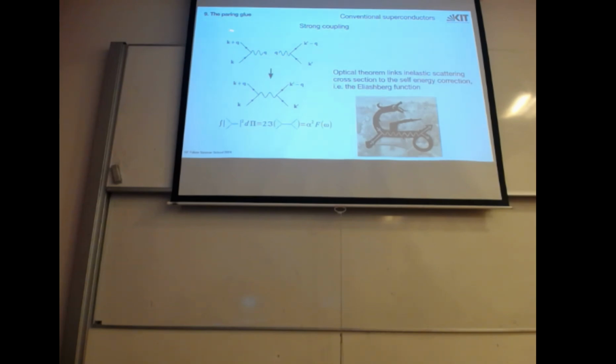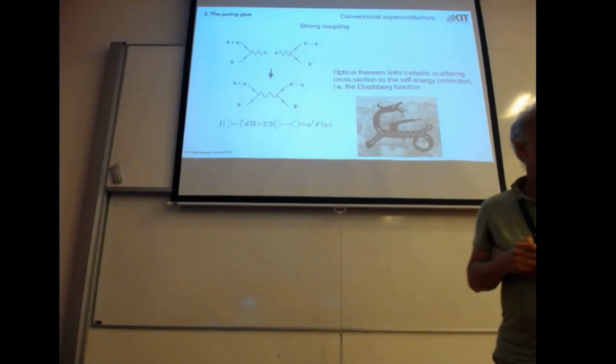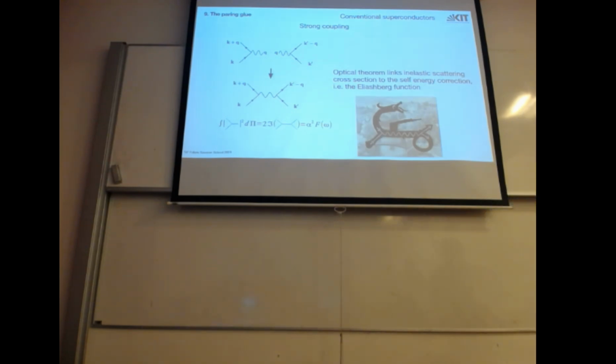So the question is, this is our picture that we had in the elastic tunneling. The electron comes, emits a phonon. We don't measure Q. We measure only the energy.